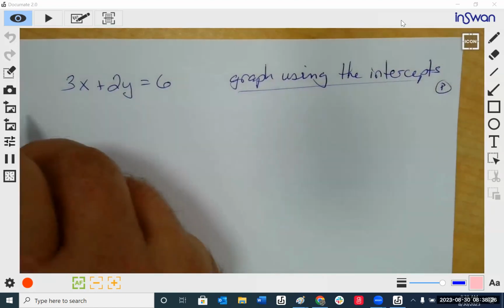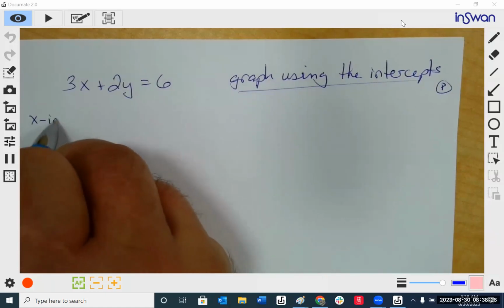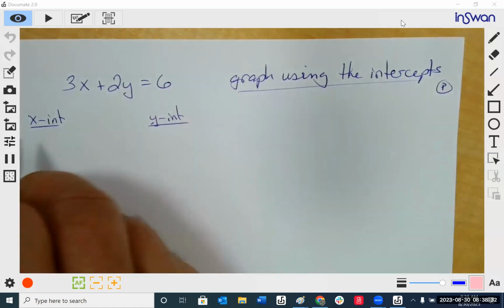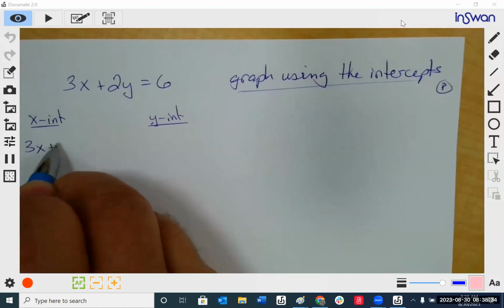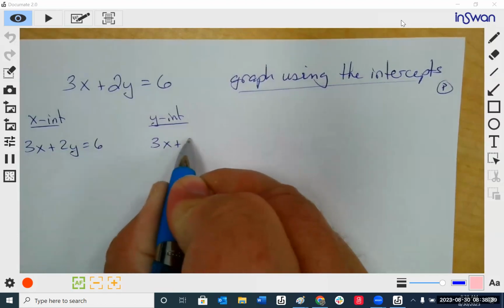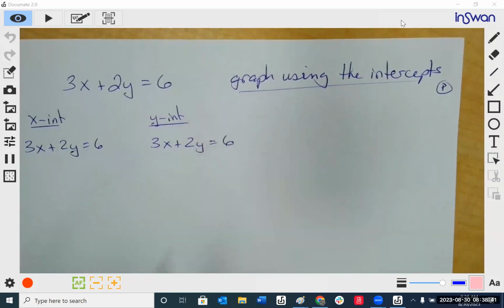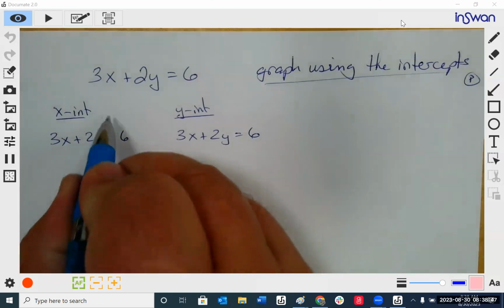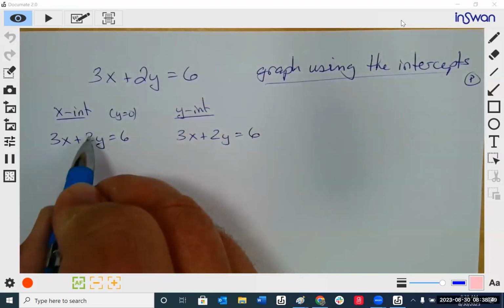So using the intercepts, that means we have to first find the x-intercept, and then we have to find the y-intercept. We'll write the equation down for both of those. How do you find the x-intercept? Yeah, set y equal to 0. So get rid of the y.